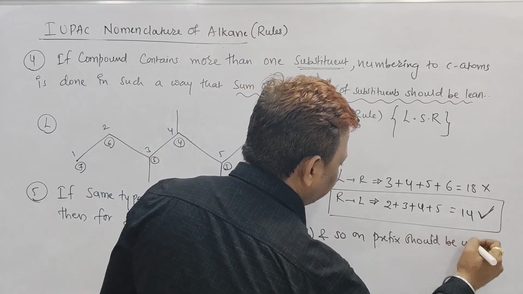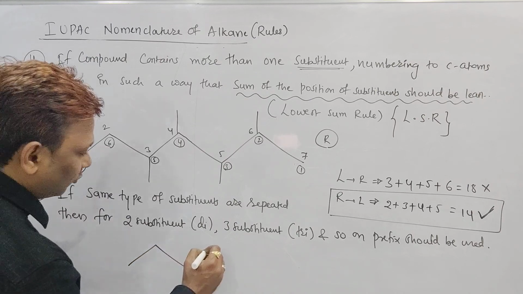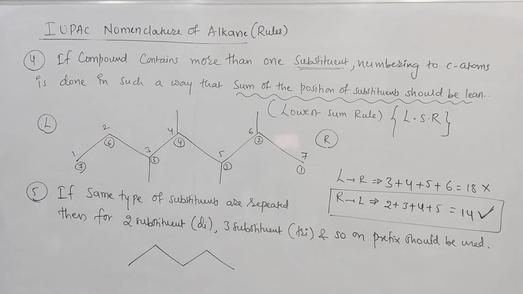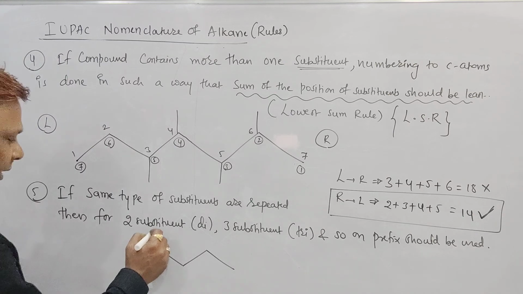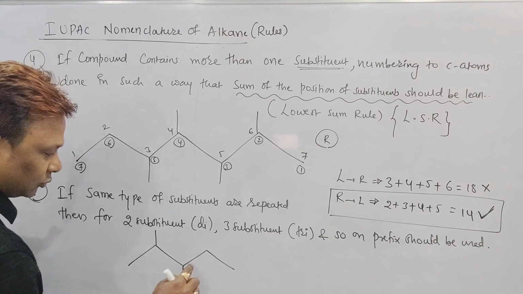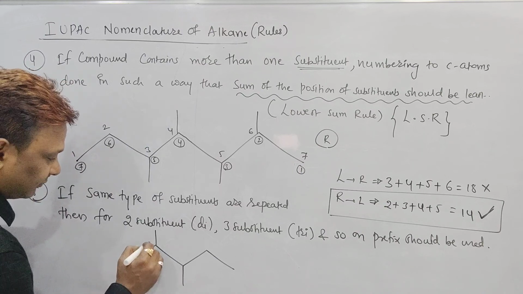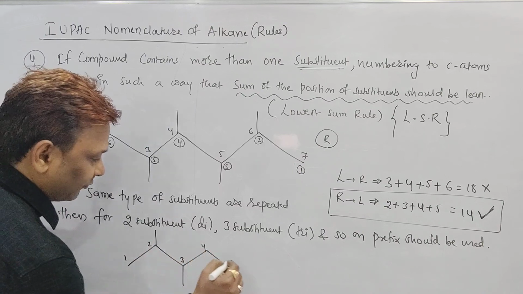But I want to give an example for this also. If the same type of substituents are repeated, I just want to show you 1, 2, 3, 4, 5 carbon atoms. How many, beta? 5 carbons are there. In these 5 carbons, I put one methyl group here and one methyl group here. If I ask you to give the numbering 1, 2, 3, so this numbering is correct: 1, 2, 3, 4, 5.